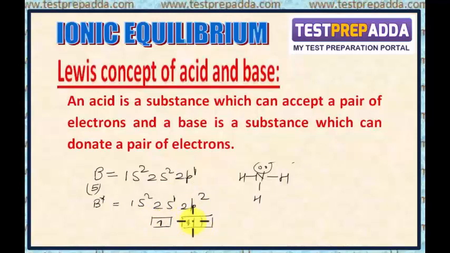If I draw the orbitals, then you can see one orbital is empty. So BH3 is capable of accepting an electron pair. So BH3 is an acid as per the Lewis concept of acid and base.